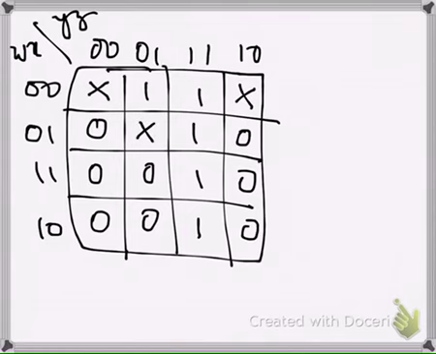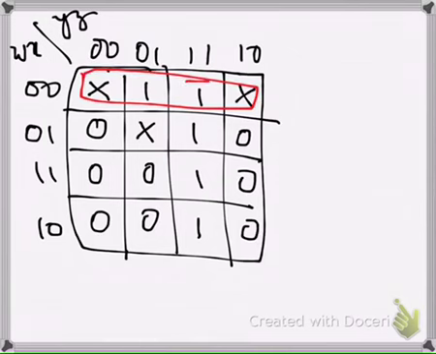So now let's see how we are going to minimize this. For this we have to group the ones. Now the advantage of grouping with the don't care is that I can consider these don't care conditions to be a part of the group. So I can make a group like this, a group of ones.